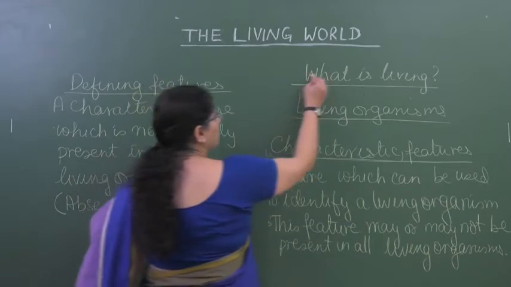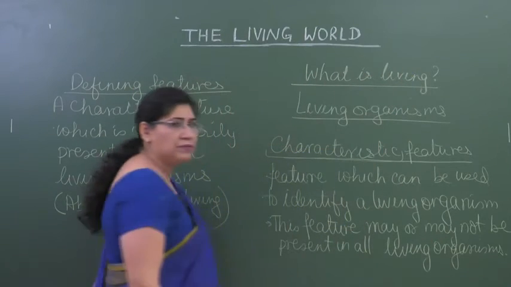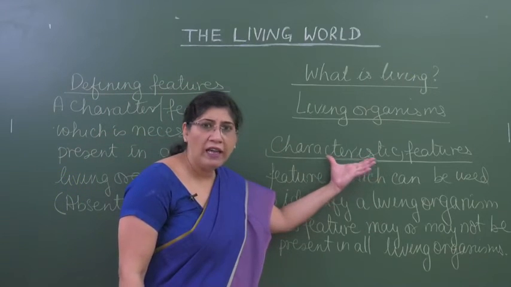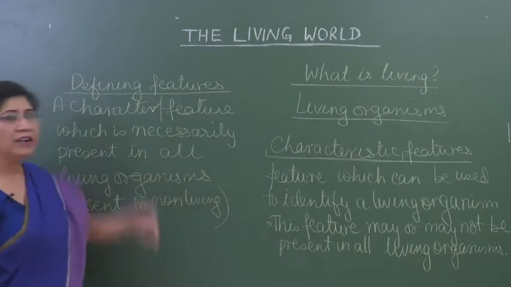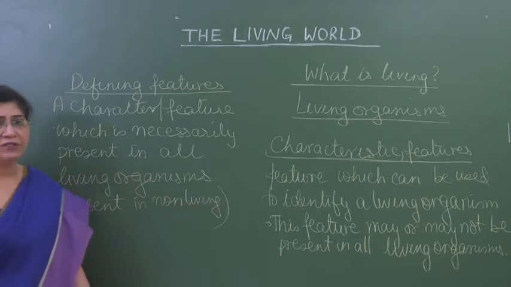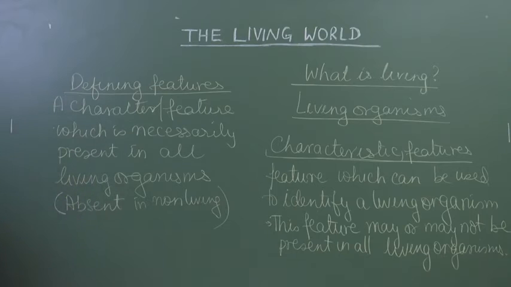So when I try to define what is living, then I will concentrate on characteristic feature and defining feature. Please note so that we can start with these features. Note कीजिए.